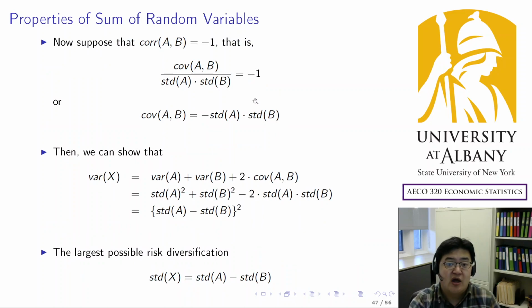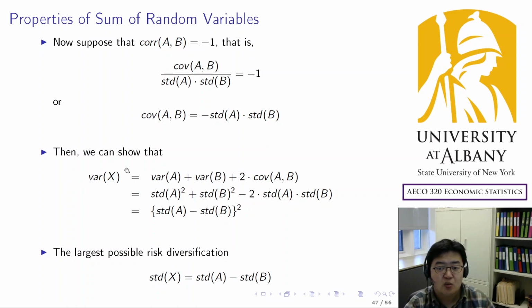Okay, so then in the other extreme case where the correlation is -1, what happens if two assets are perfectly negatively correlated? In that case, the largest possible risk diversification takes this form.